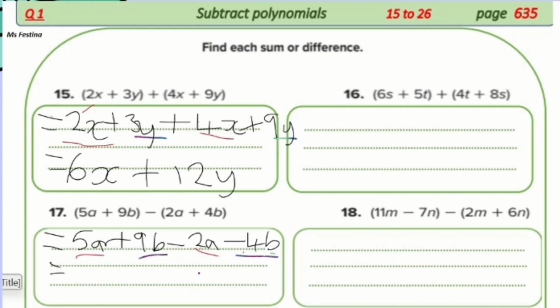So 5a minus 2a will give me, sorry, let's use black, positive 3a, and then 9b minus 4b will be plus 5b. And that will be my final answer. So let's look at the next problem.